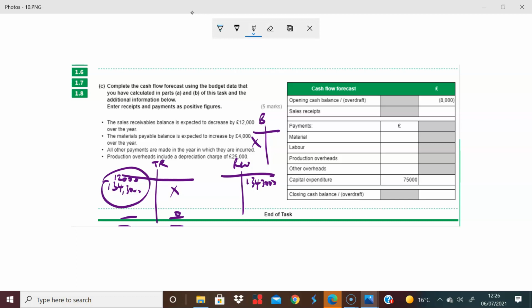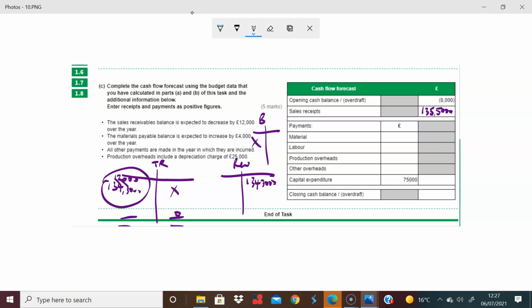When you add 12,000 plus 134,300, you get a total receipt, what's come into the bank, of 135,500.